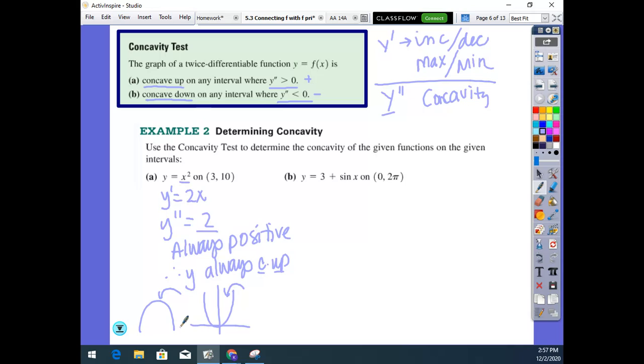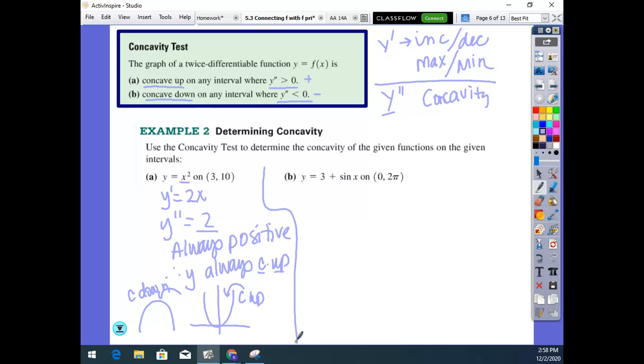So at first, sometimes kids struggle visualizing. This is concave down, upside down, concave up, the cup is up. Almost sounds like a Dr. Seuss book, huh?